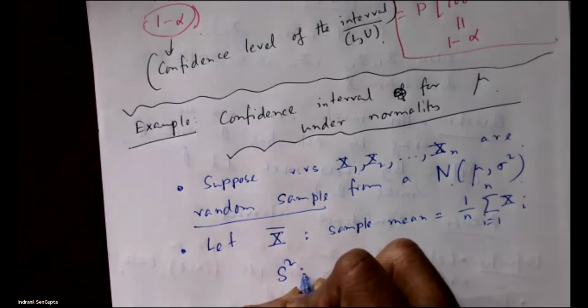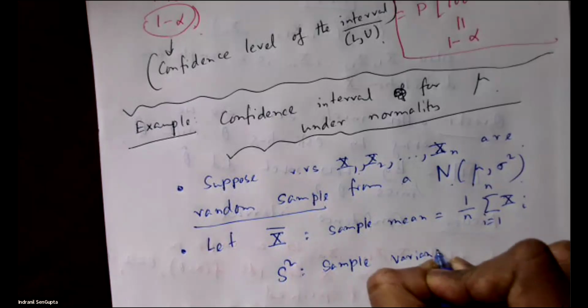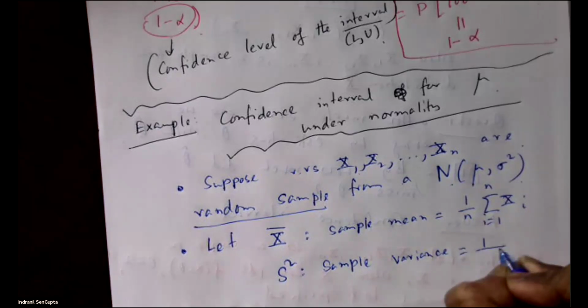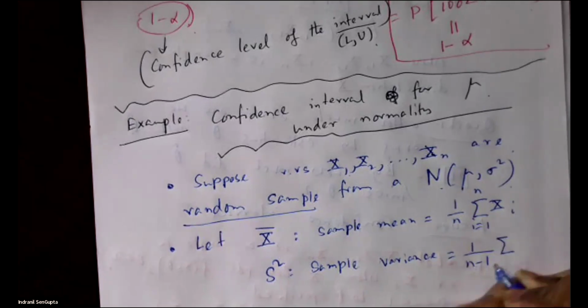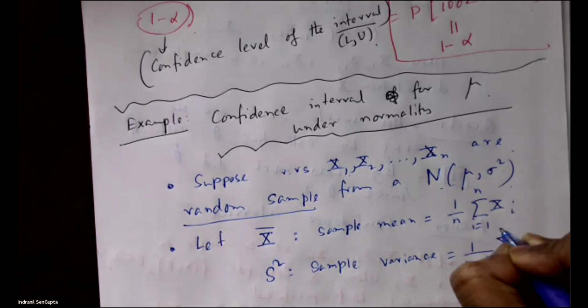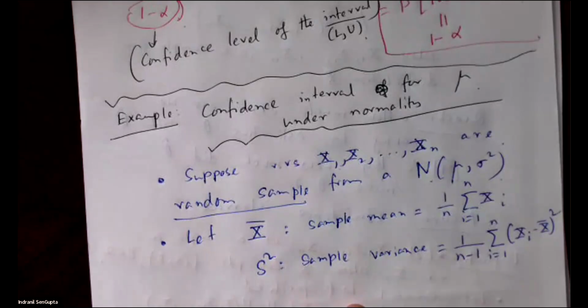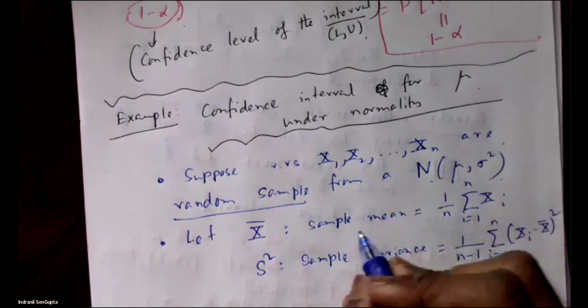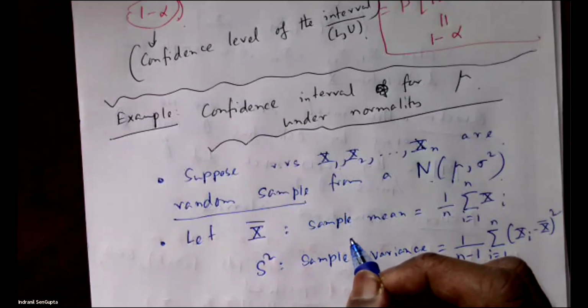And S squared is the sample variance. Please note that S squared is given by dividing by n minus 1, so it's 1 over n minus 1, summation i from 1 to n, xi minus x bar squared. That's the definition of S squared, which we have been discussing for the last two classes.